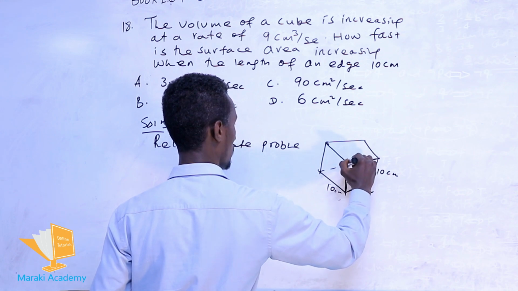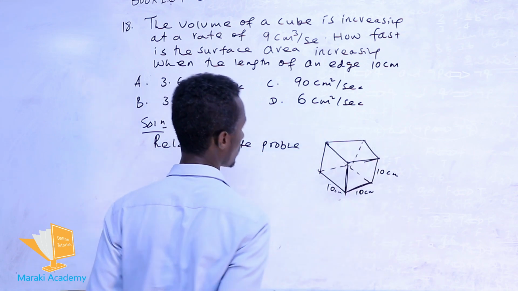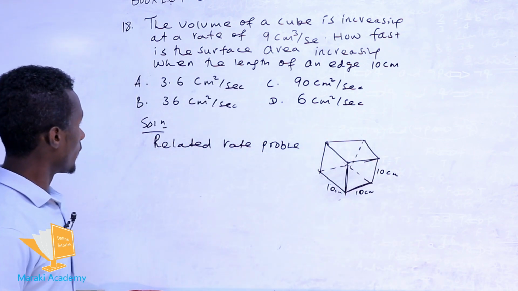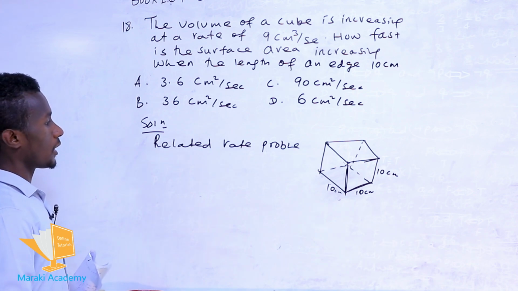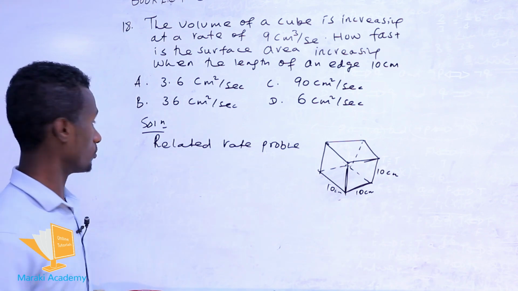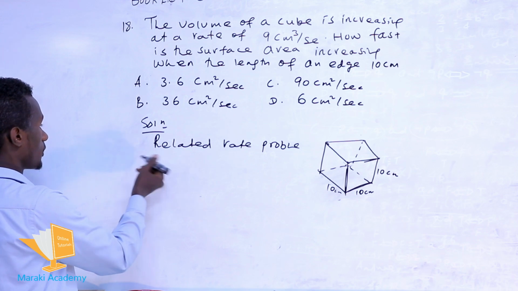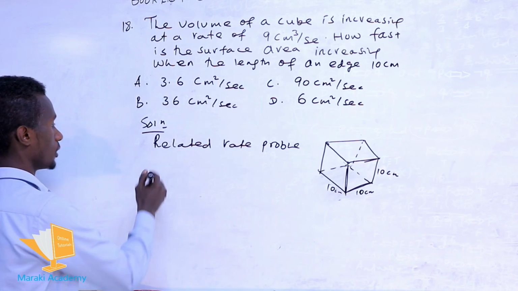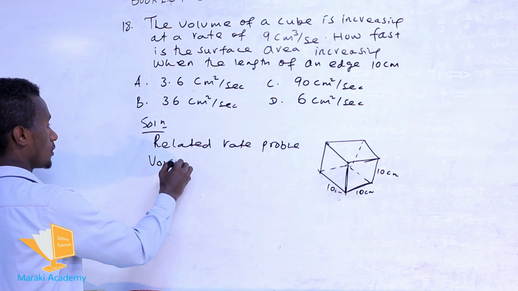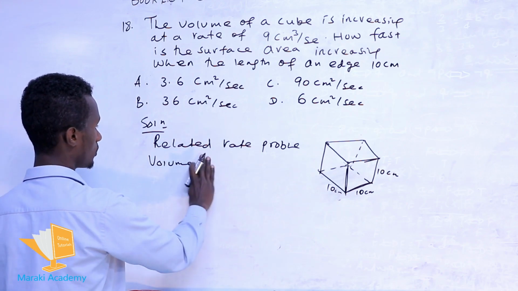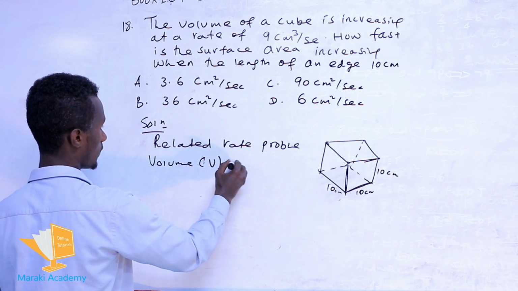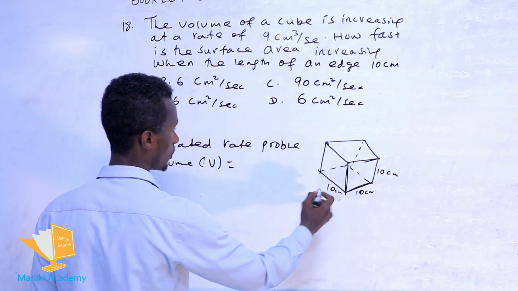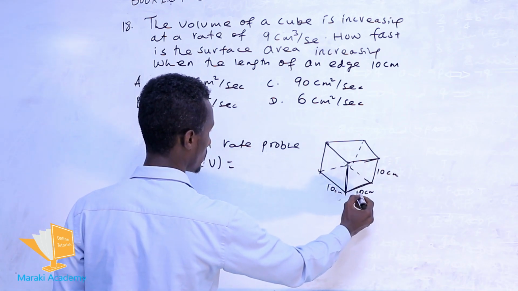We have this, we can consider that as it is. Now, how do we determine the rate of change of the volume? First of all, what is the volume of the cube? The volume of a cube can be interpreted as x cubed, that is length times width times height.